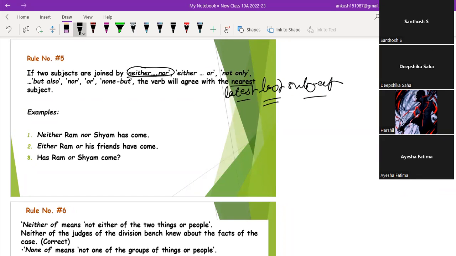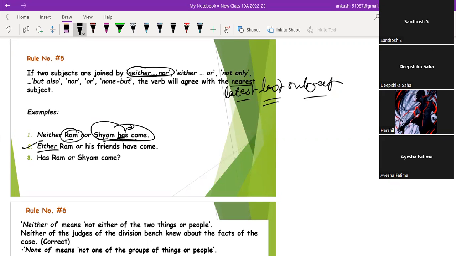Like: neither Ram nor Sham has come. Though Ram is used over there, still the verb is used according to the latest subject, Sham.